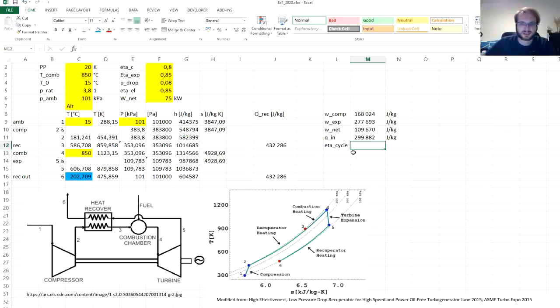And the efficiency of the cycle is what we get out of it, net work, divided by what we put into it as heat input. And we can see that the thermodynamic efficiency of the cycle is almost 37%.